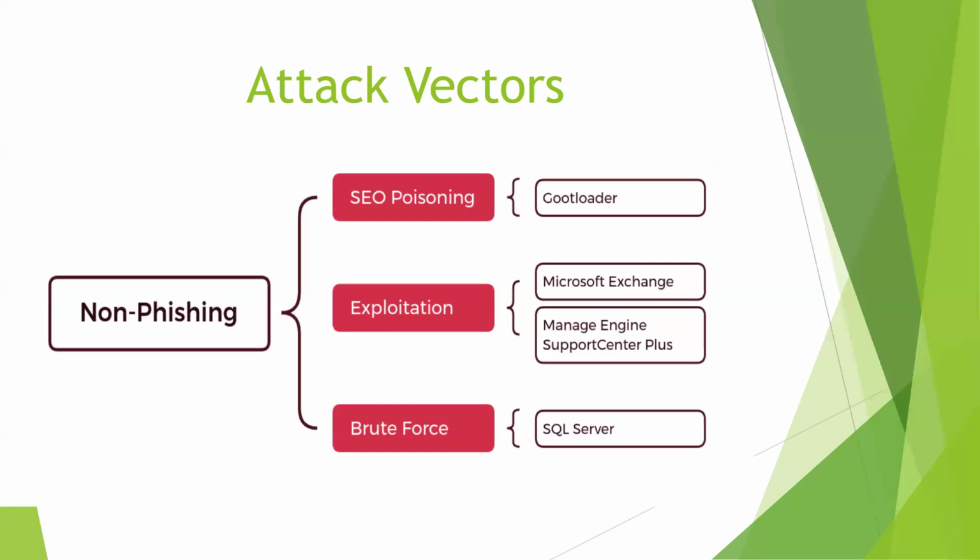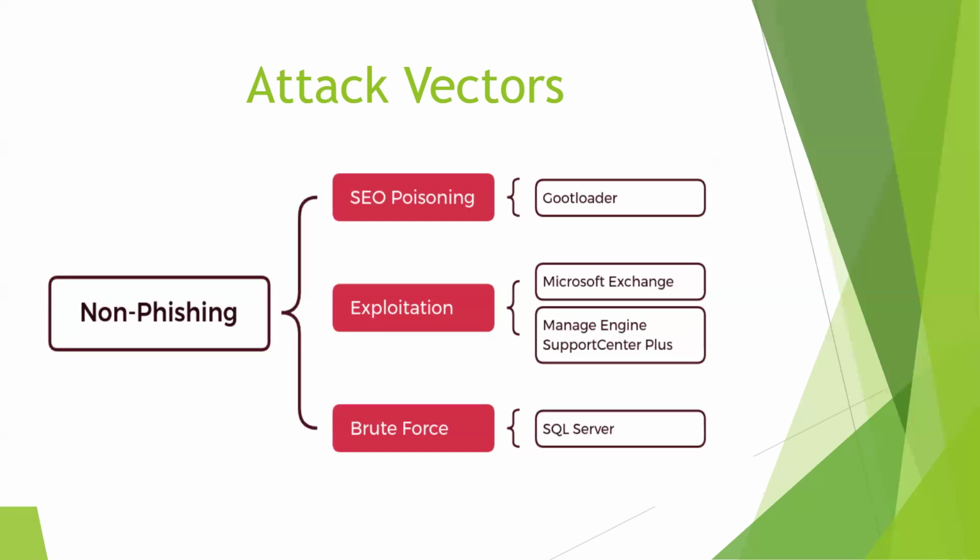I'm going to deploy a website that is hosting malware, and when a Google search is performed with these particular keywords, my website is going to come on top since I have optimized it to be accessible when someone looks for those keywords.